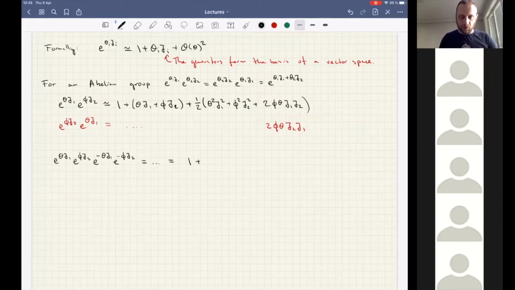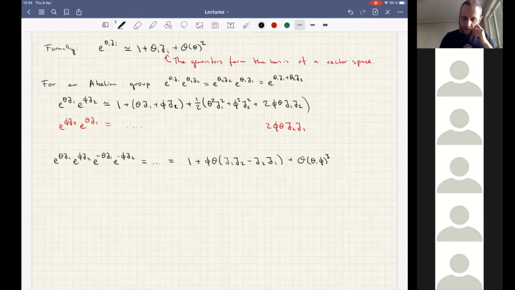Which means that we're only going to be left with the 2nd order term. And since those terms are the same, they're not going to appear. But what is going to appear is phi times theta multiplied by J1, J2 minus J2, J1 plus higher order terms in theta and phi.